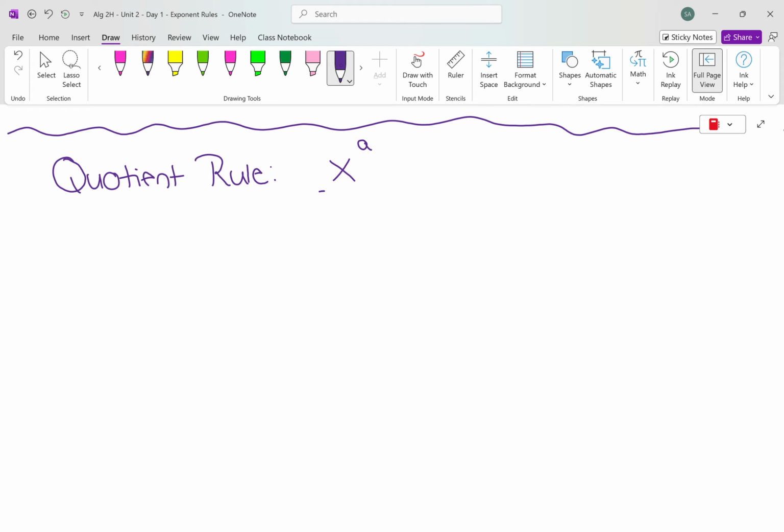So the rule for dividing is if I have the same base being divided, the rule says keep your base and do what with your exponents? Subtract them.